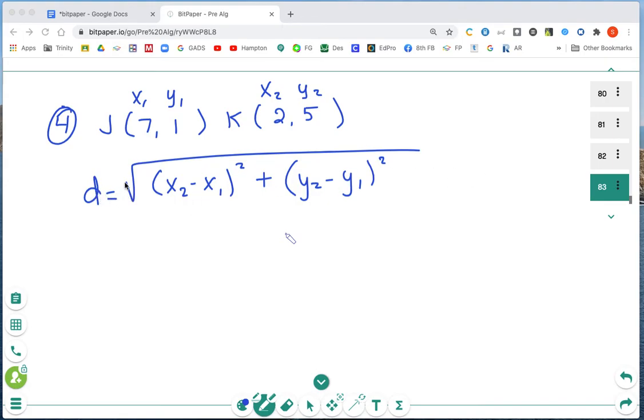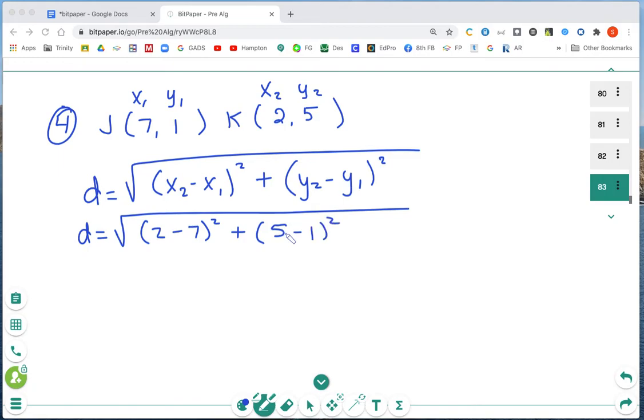D equals the square root of x2 minus x1 squared plus y2 minus y1 squared. That's our formula. Now for our substitution step. D equals our x2 is 2 minus our x1, which is 7, squared plus y2, which is 5, minus y1, which is 1, squared.